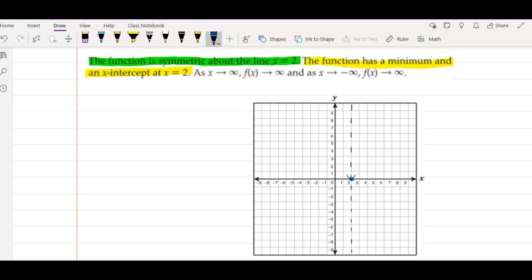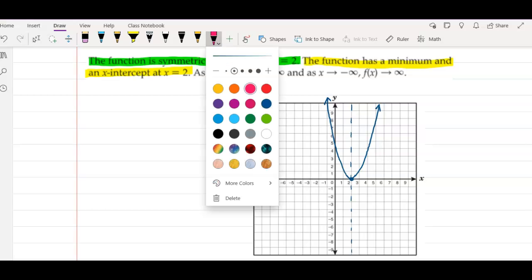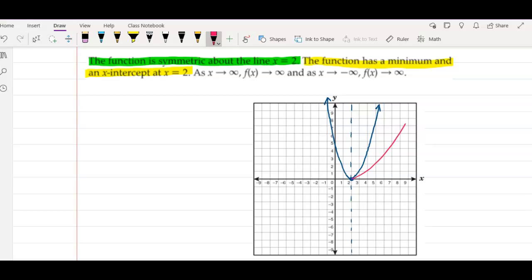And as x approaches infinity, y approaches infinity. As x approaches -infinity, y approaches infinity. So I have a few options. One option is to graph it like this. Notice it's symmetric about this line. But I could have graphed it like this.